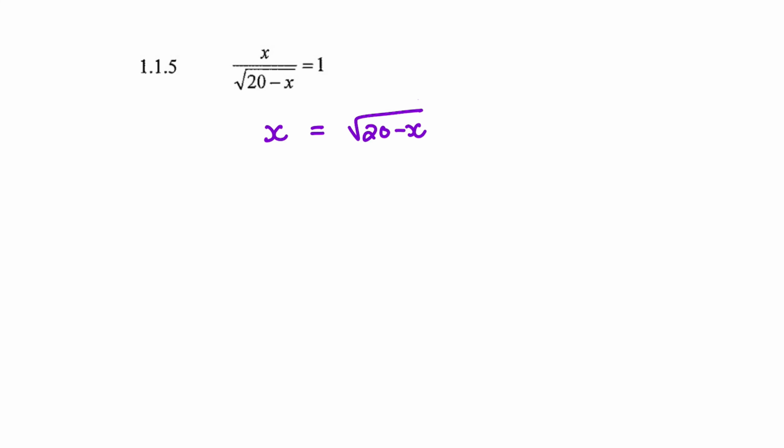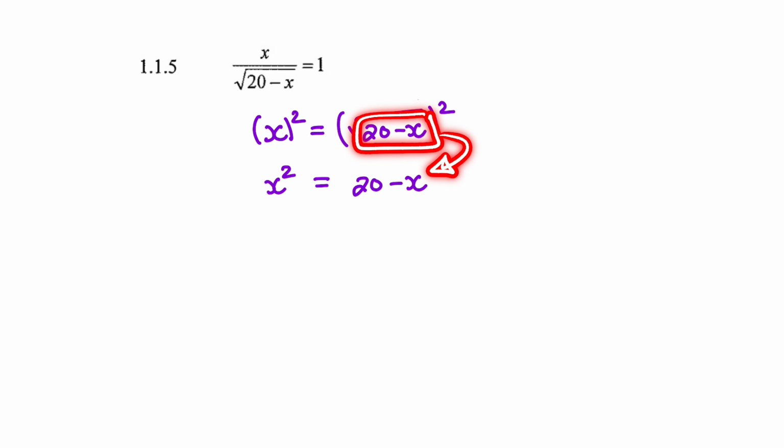So what I'm doing is I'm taking the denominator and I'm multiplying that with 1, and that leads me to x equals 1 times the root of 20 minus x. Next, I'll take the square on both sides to get rid of the square root. So that leads me to x squared on the left is equal to 20 minus x. Because when you square a square root, you're left with the contents of that square root.